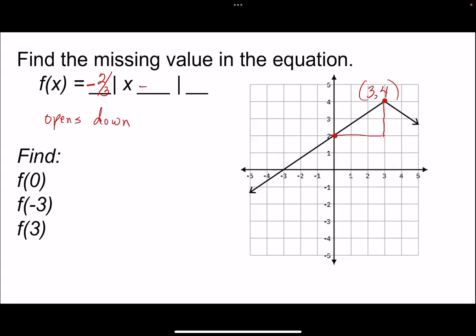So x goes the opposite way, -3. Y goes the same way, +4. All right, now let's find these values. F of 0 is 2. F of -3, oh, that's easy, that's 0. F of 3 is 4. That's how we solve those.